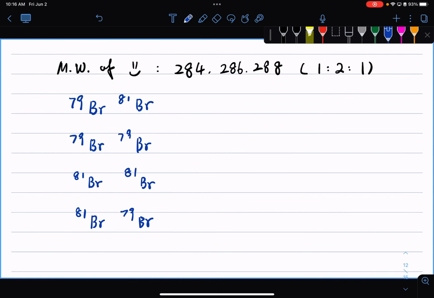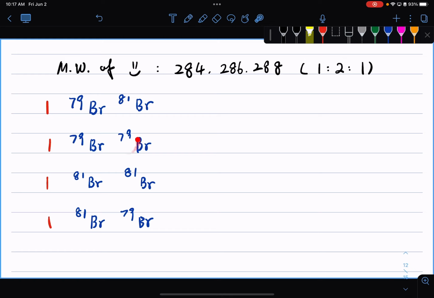Right, so in this case, now we look at the ratio here. Because my bromine is a 1:1 ratio, each of them will have a 1:1 ratio. So your bromine 79 and bromine 81 are like 1:1.